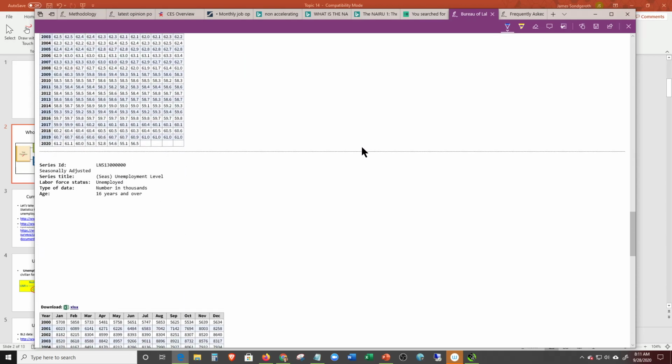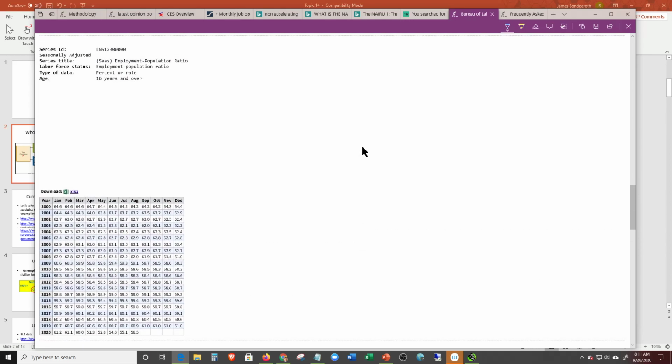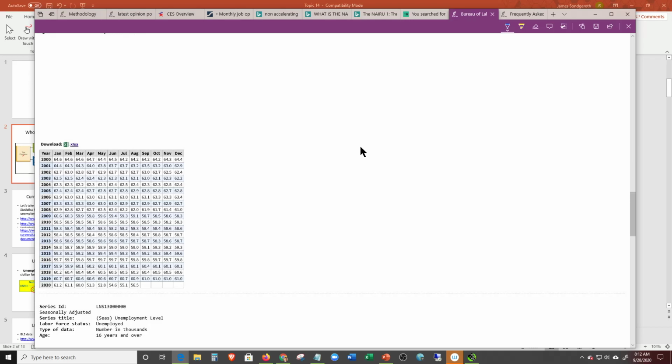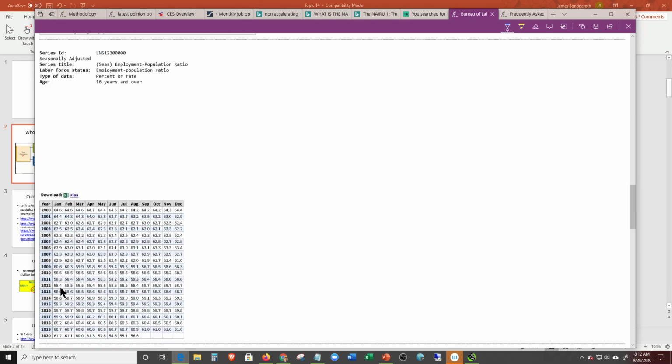Okay. Oh, where are my graphs? And here we go with the employment, I believe this is the employment population ratio. Yeah.